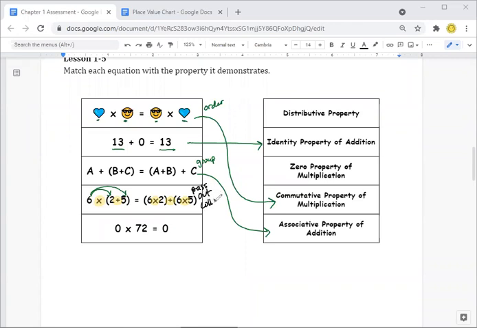Collect would be the opposite. So pass out or collect a common term. And so that guy's going to go all the way up here. And this last one, let's check it out. Anything multiplied times 0 is going to result in 0, and that's probably the easiest property to identify. That's the zero property of multiplication.